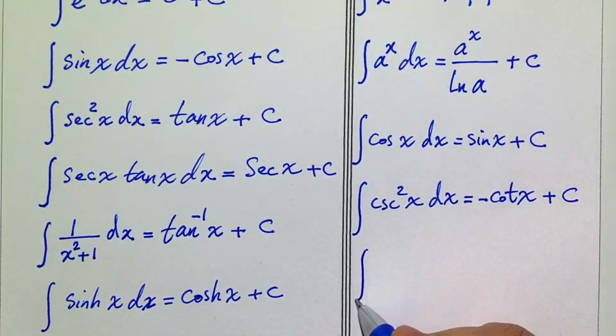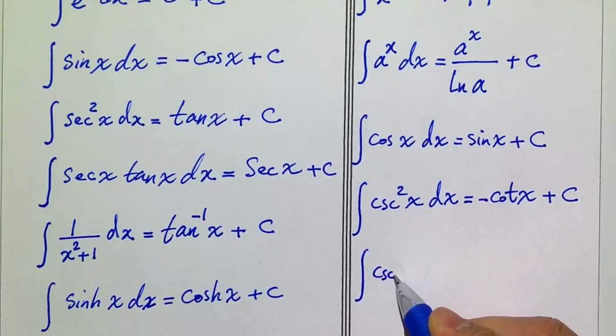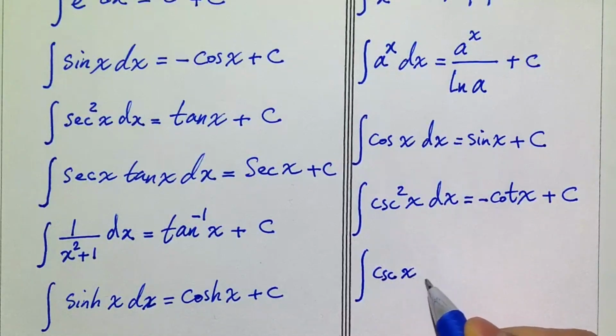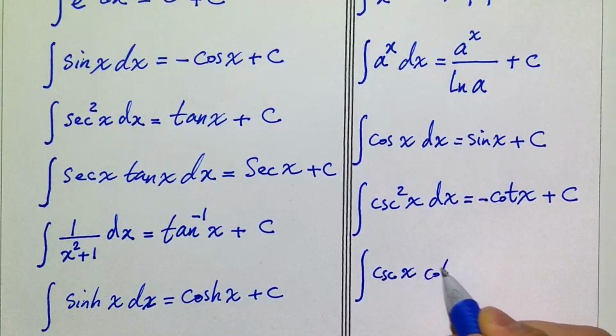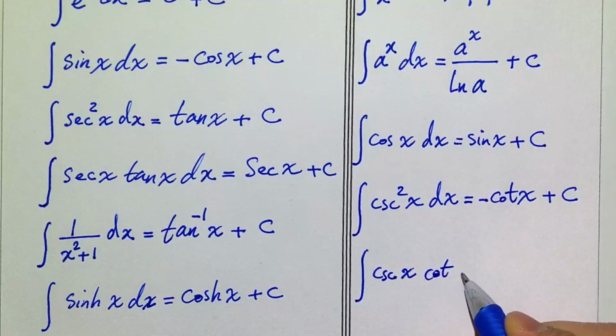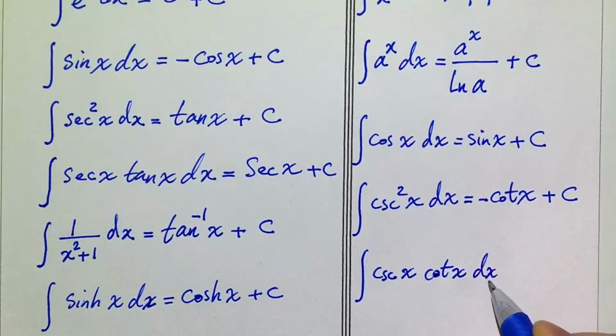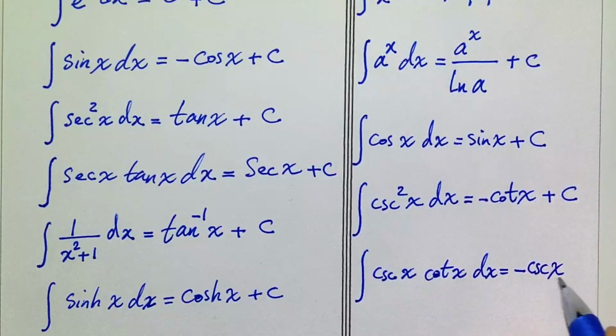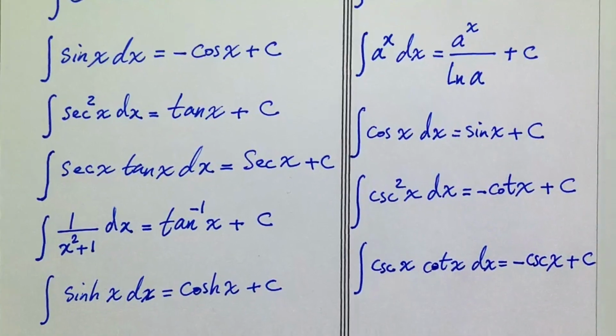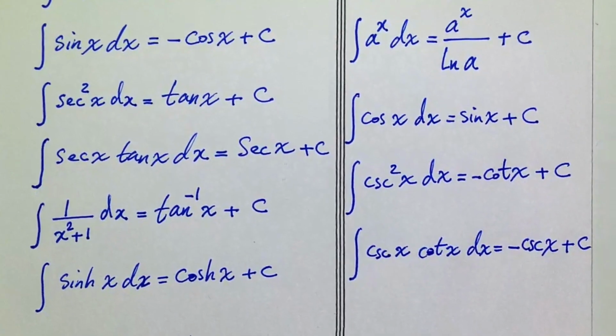And then the integral of cosecant of x cotangent of x dx is equal to minus cosecant of x plus c. Okay, one more.